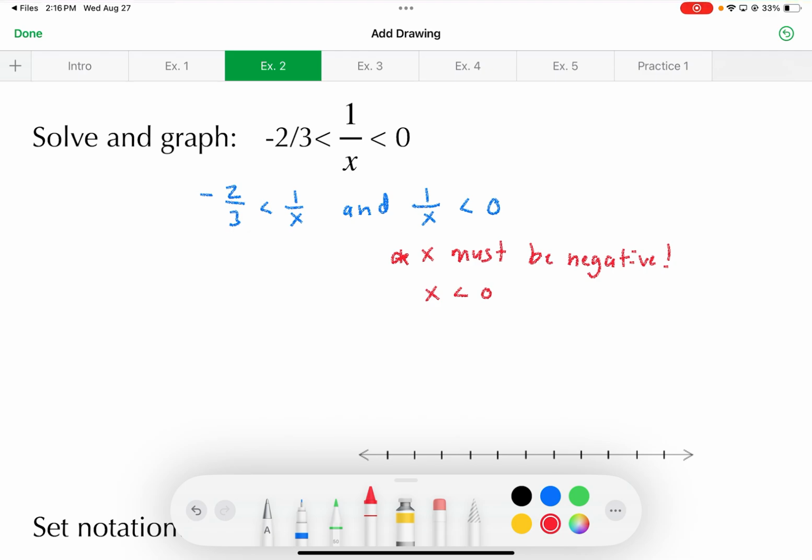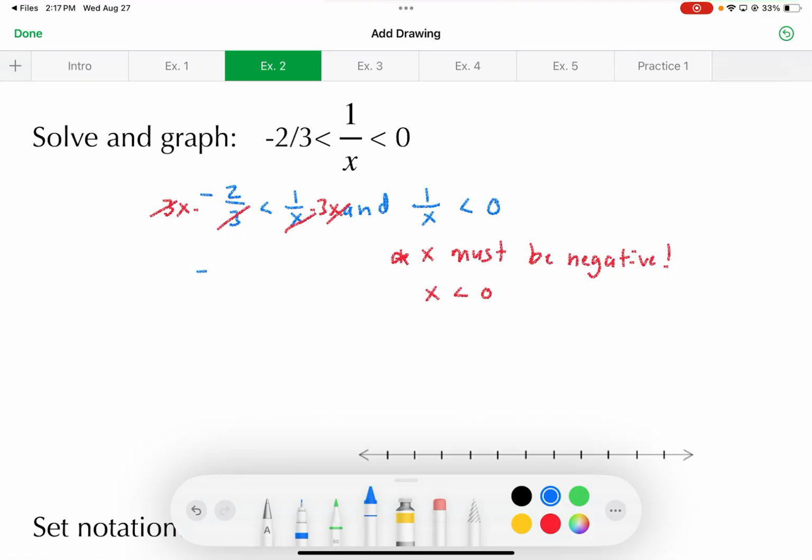Okay, so we come back to here on the left side now, and we can say, well, if I'm going to multiply by 3x on both sides, if x has to be negative, isn't 3x going to be negative? So we're multiplying both sides by a negative value then, which means we're going to have to flip our inequality symbol. Okay, these 3's are going to wipe out. These x's are going to wipe out.